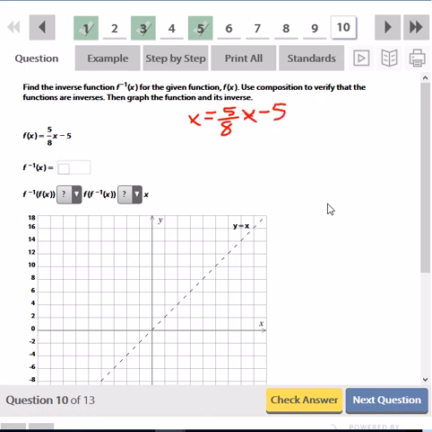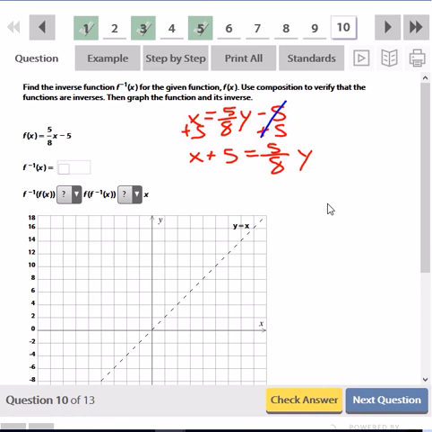Sorry, there should be a y here. So we'll go plus 5, plus 5. These 5's cancel. So x plus 5 equals 5 over 8 y.